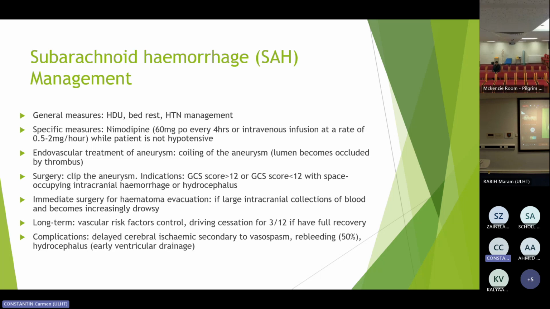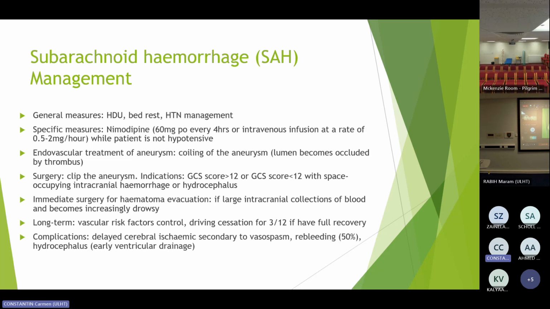So we have intracranial hemorrhage or hydrocephalus along with subarachnoid. Immediate surgery for hematoma evacuation is indicated if we have a large intracranial collection of blood and if the patient becomes increasingly drowsy. Long term, very important to have vascular risk factor control. Driving has to stop for 3 months if the patient had full recovery, which we have cases.